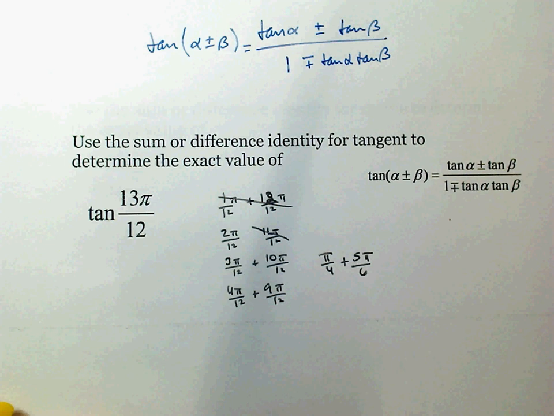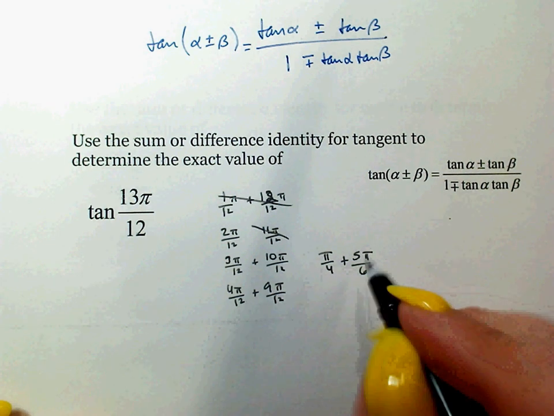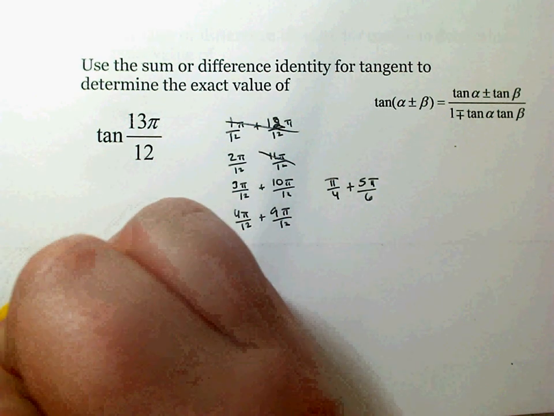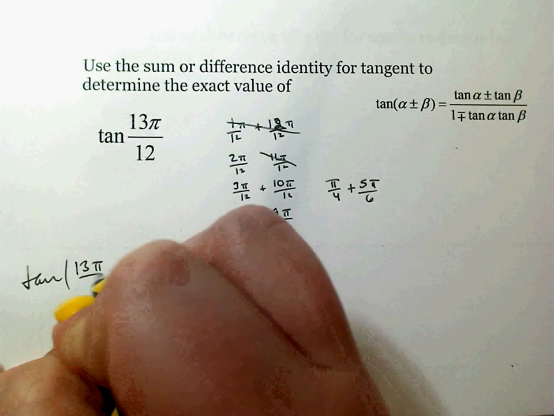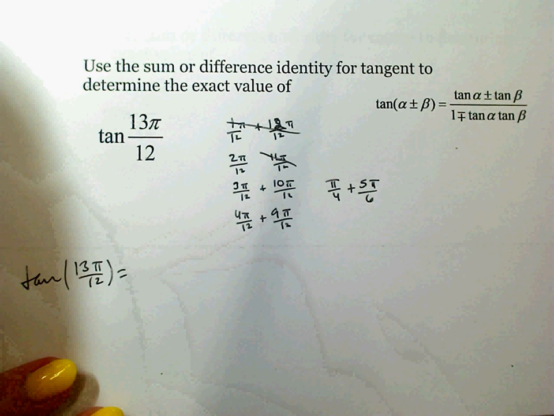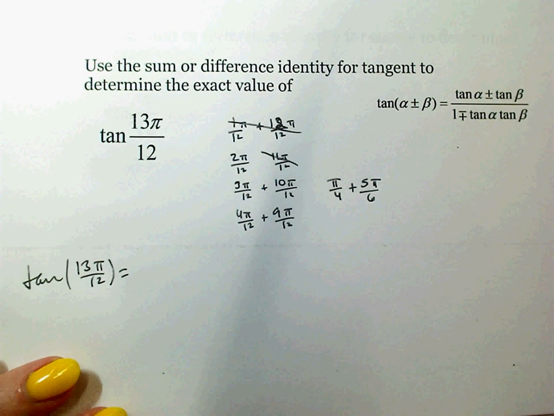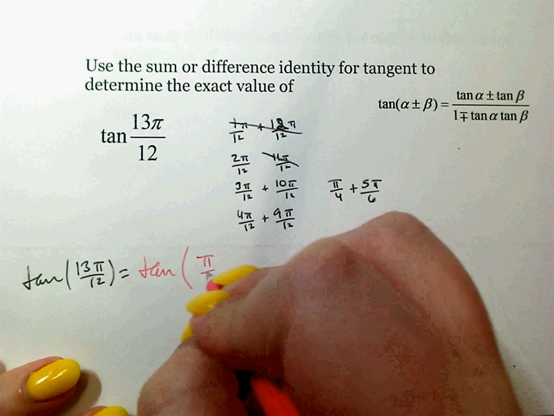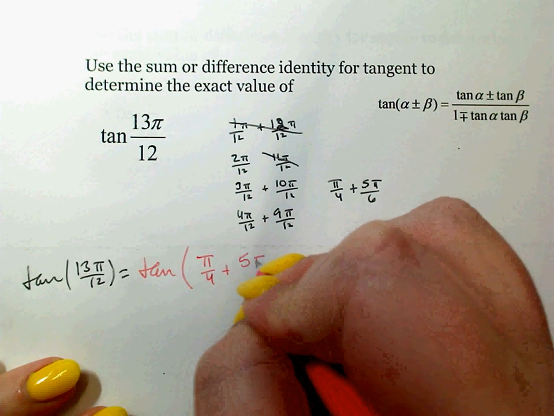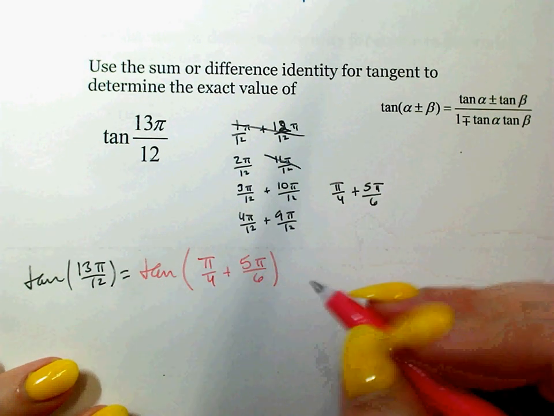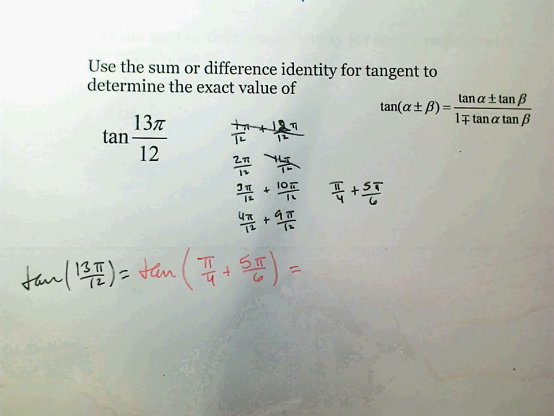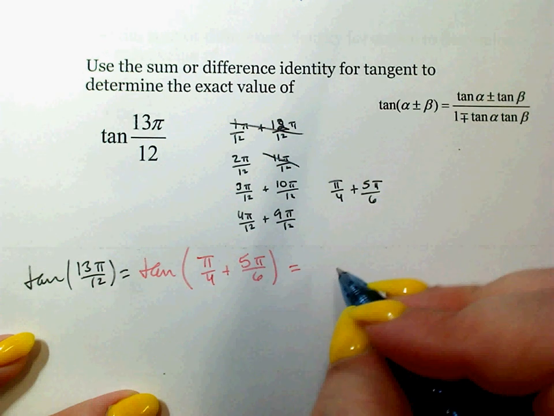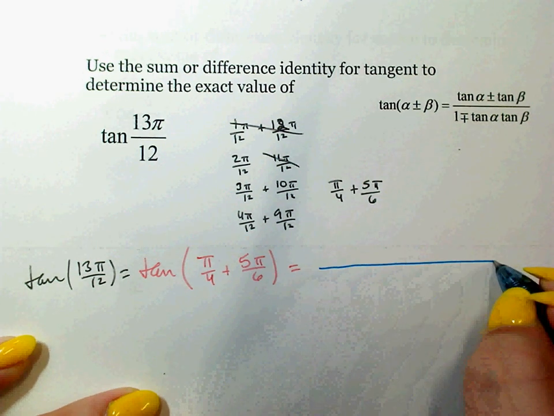So tangent of 13 pi over 12 is equivalent to tangent of pi over 4 plus 5 pi over 6, although order doesn't matter, which is equivalent to tangent of the first angle, pi over 4.